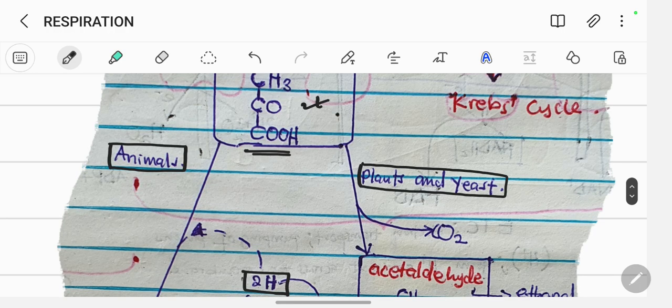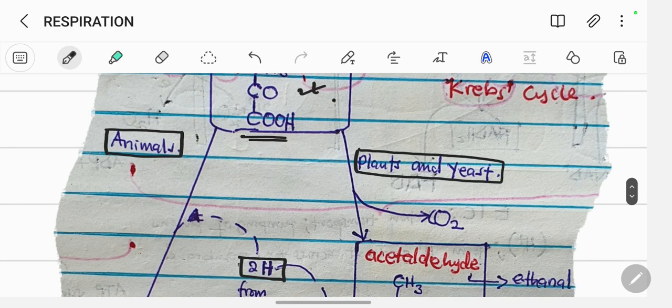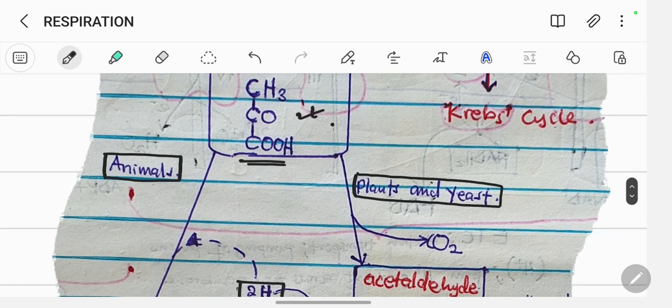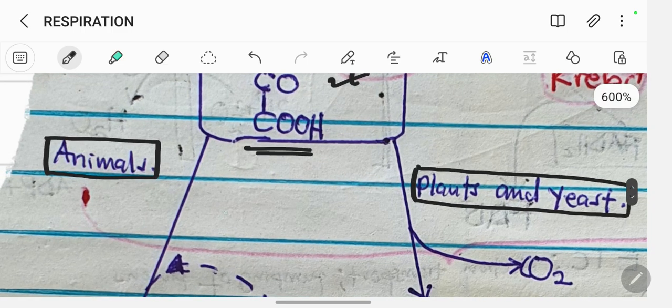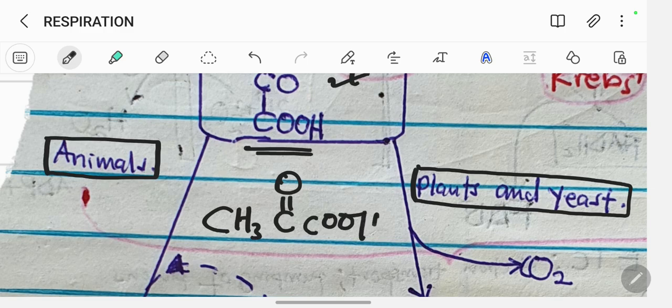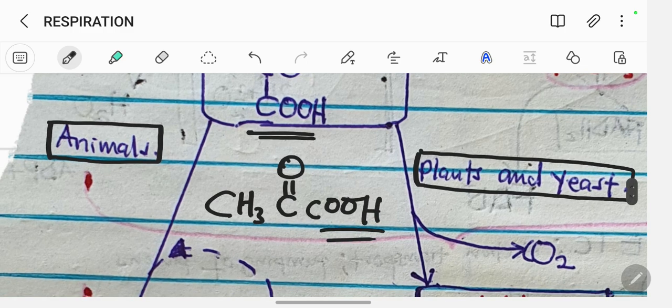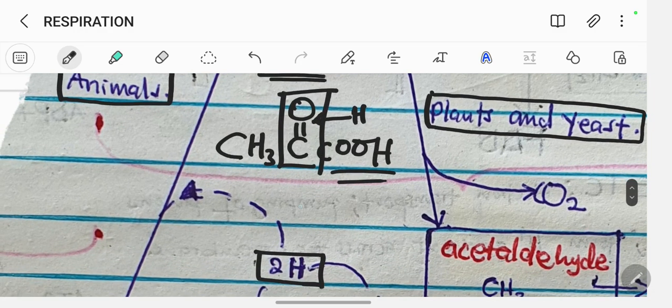And from our organic chemistry, we know very well that when we add hydrogen to such an organic compound, let me try to expand it and you see CH3, C, COOH. This acidic part is not going to be reduced as such, but the carbonyl group is going to be reduced by the hydrogen to what? To an alcohol.